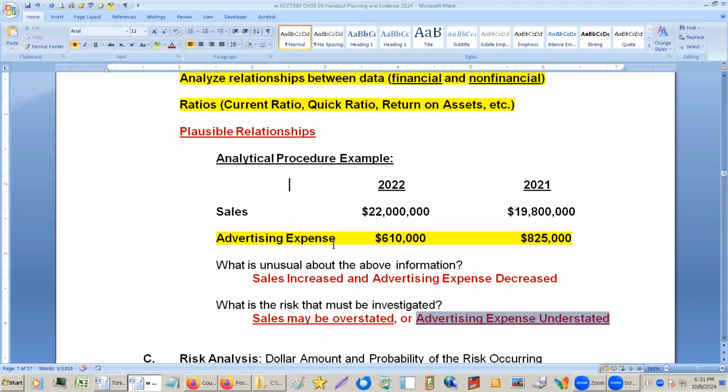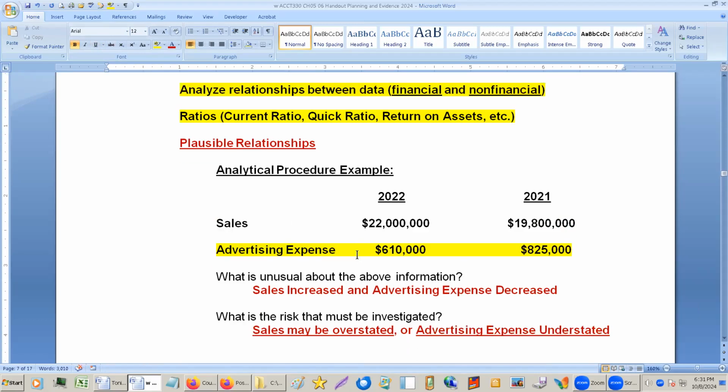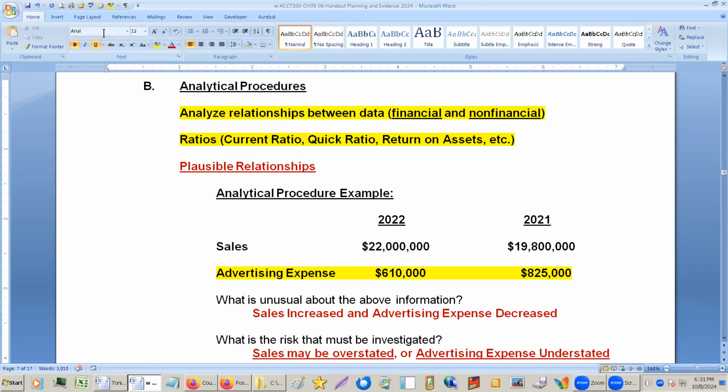Okay, now, is this proof of fraud? No, it's not. Analytical procedures are not proof of fraud.